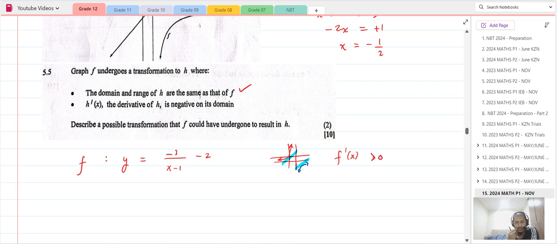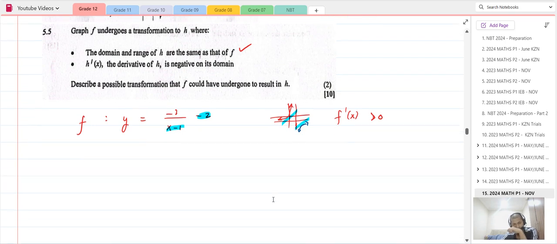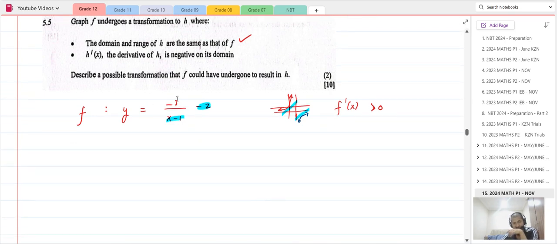That's what we know. But now these asymptotes are remaining the same. Describe a possible transformation that f could have undergone to result in h. So in other words, this here can be negative.